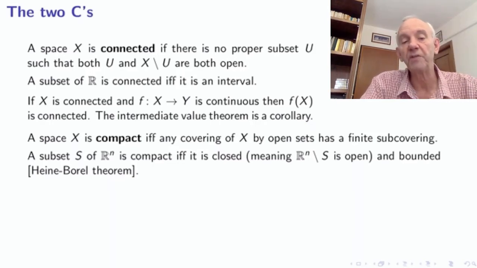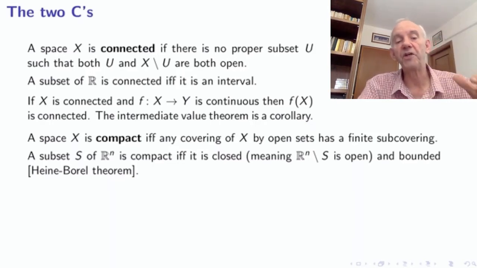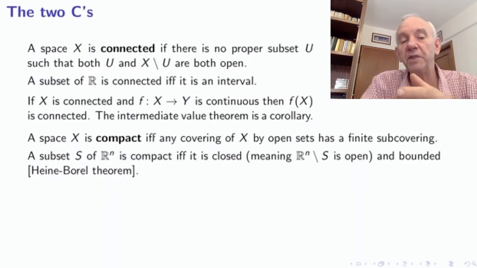That's because if F is defined on an interval, the image of F has to be another interval, so it can't skip values. That is the intermediate value theorem. So that saves you all that technical proving of the intermediate value theorem. In practice, the technical stuff is hidden somewhere in these definitions, but it's neat to say it using topological concepts.